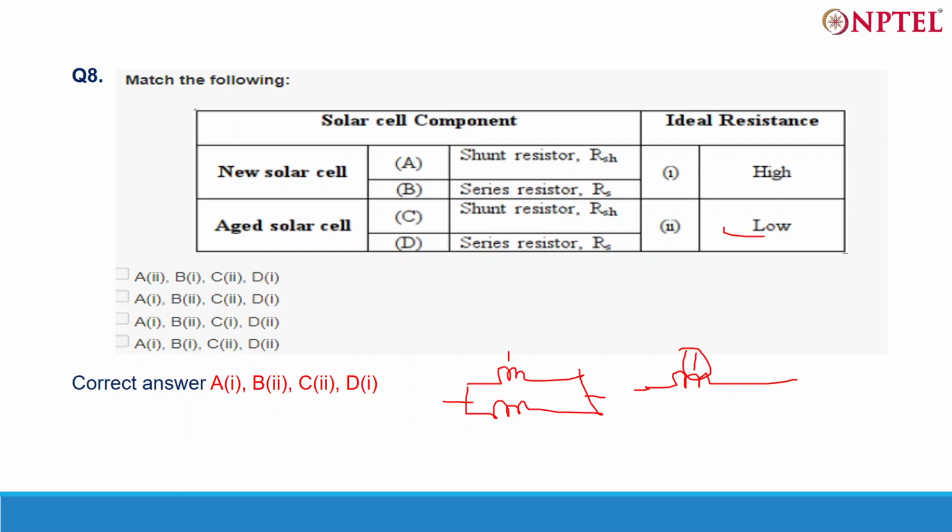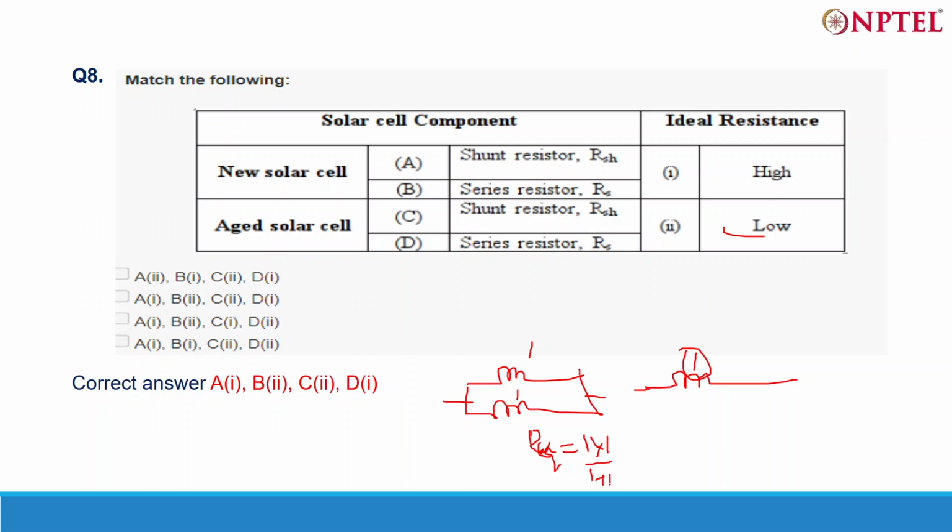Let's make it 1, 1. The shunt resistance: what is the formula for the overall equivalent resistance, REQ? 1 into 1 by 1 plus 1.